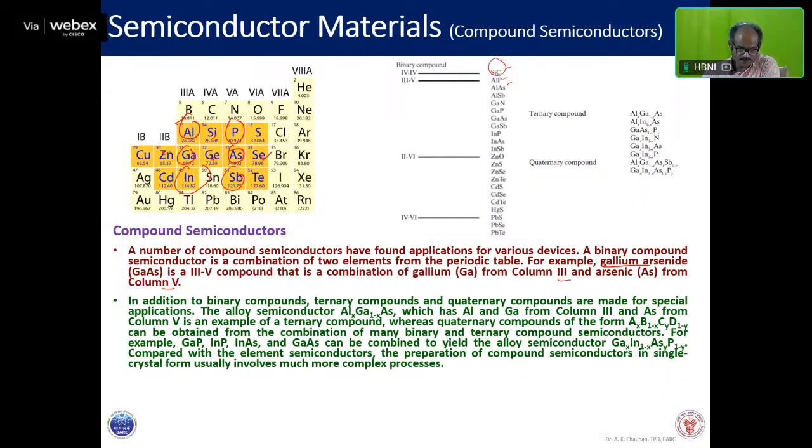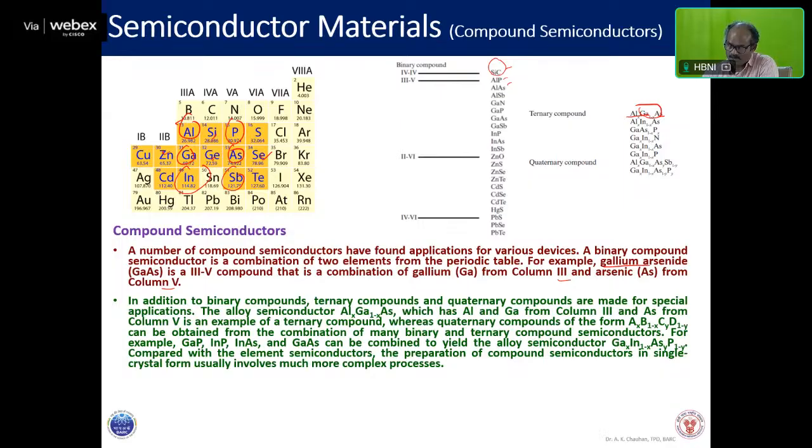Then we have some ternary compounds also, where another element is added. A suitable element is doped into a binary compound. Like here you have aluminium gallium arsenide. Gallium arsenide was a binary semiconductor, and if you add a fraction of aluminium, then the compound is a ternary compound.